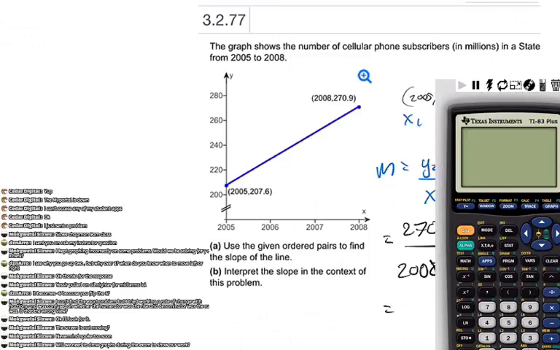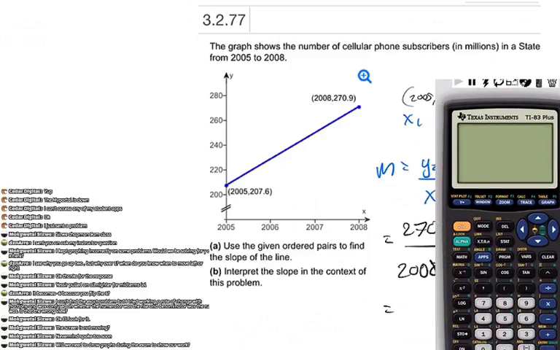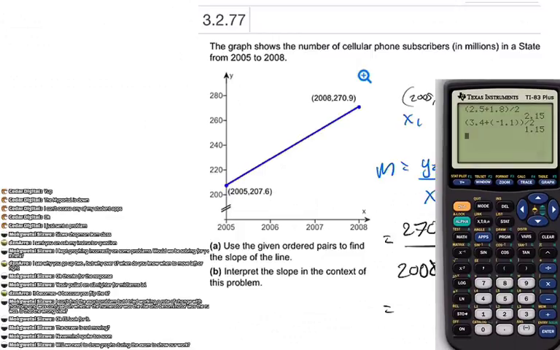All right, let's turn it on. So we got 270.9 minus 207.6, and the top we get is 63.3. And then what is it, 3 years? So then I'm going to say divided by 2008 minus 2005. 21.1, that sounds good.